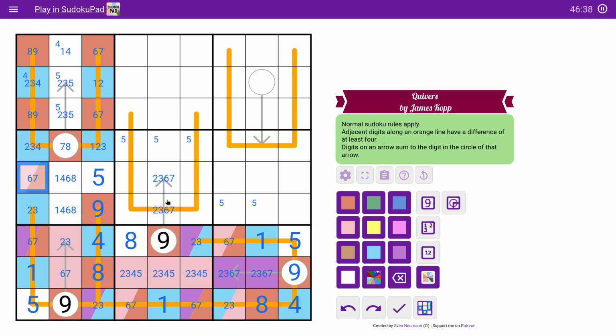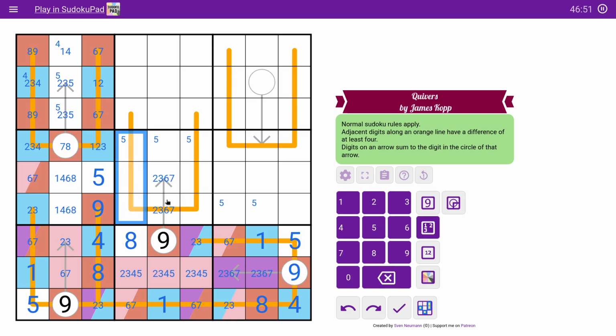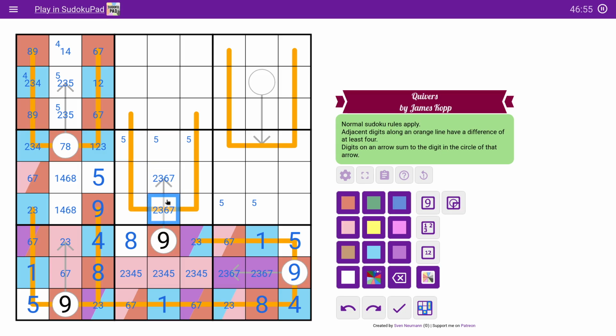Puzzle's continuing to resist all attack. Four here is difficult. 6 here is difficult. That's 1, 2 in some order. Seven here is not much better.